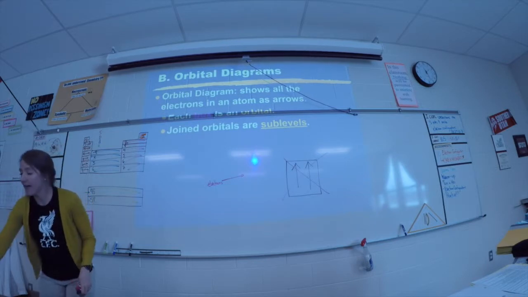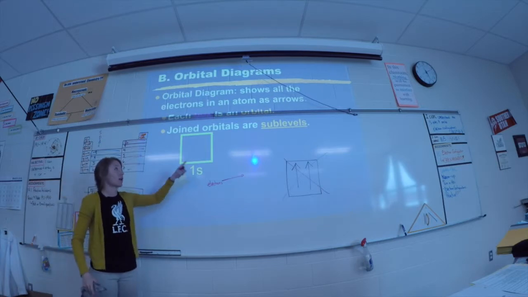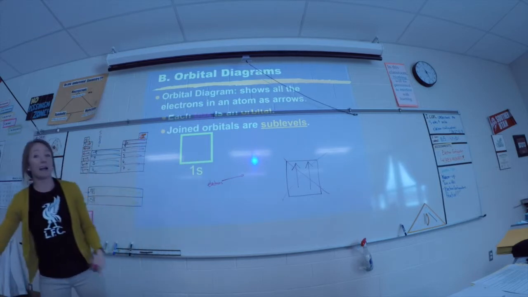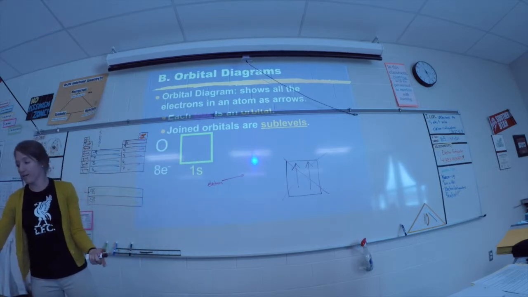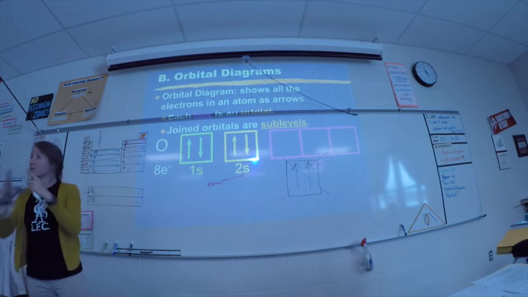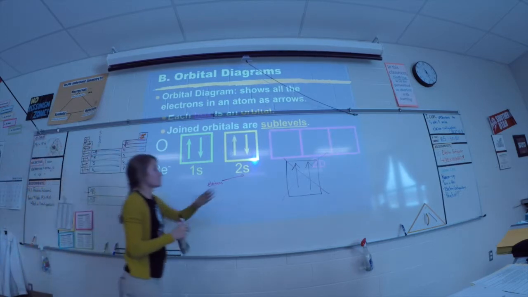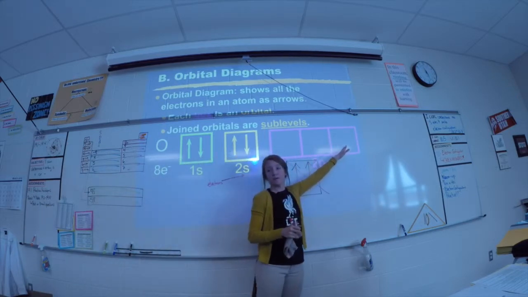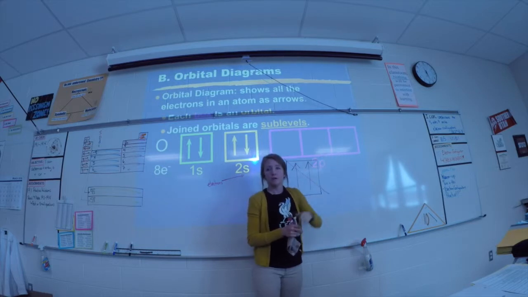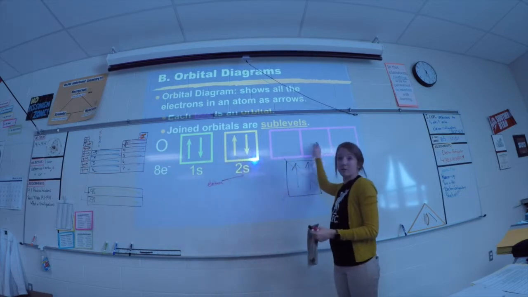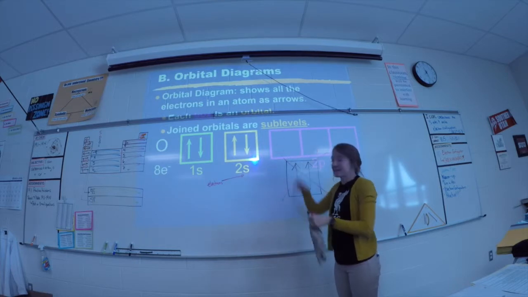So all S's are a single box because it can hold 2 arrows. But if you were drawing a p orbital, you draw 3 boxes all connected because it's one room, but there are 3 bunk beds in that room. So when they're separate rooms, don't connect them. But if it's just a bigger room, connect the boxes together.